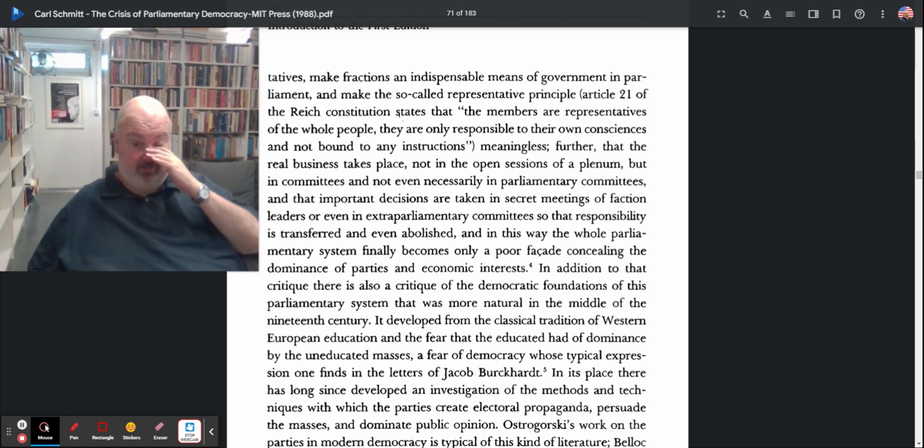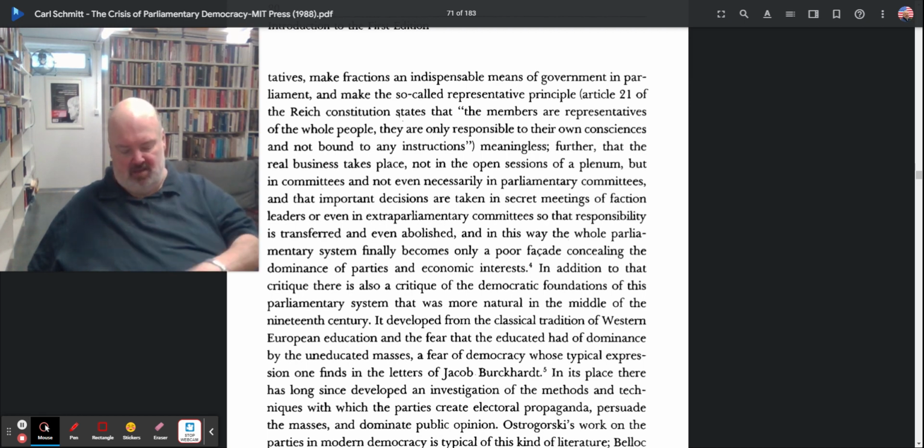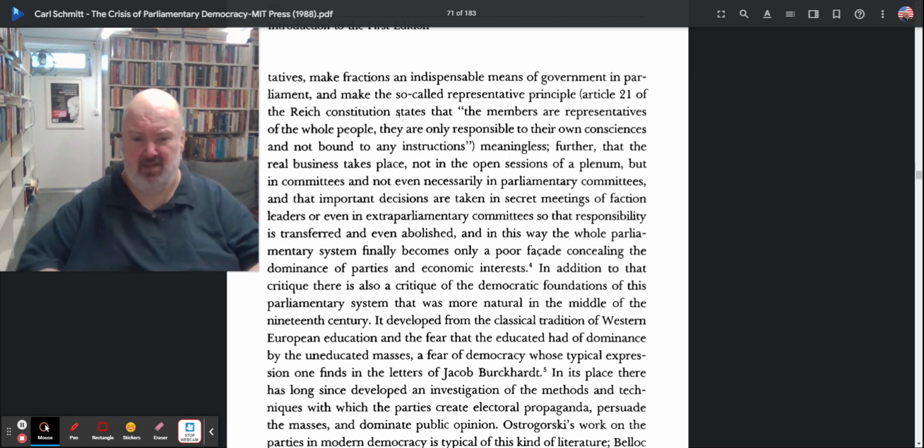Burckhardt's famous letters about this are very interesting. I think there's even a Penguin little book from Burckhardt's book on the Renaissance, where he criticizes the state, the myth or the image of the state. It's a Penguin little book that I find in Kindle.